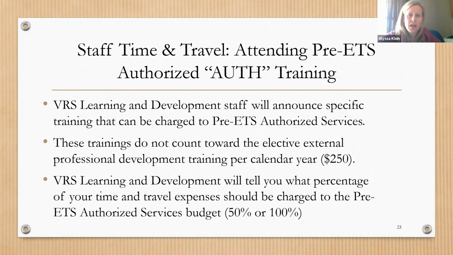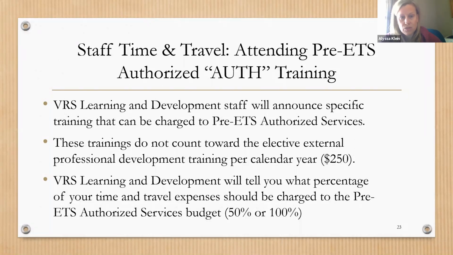A little bit more about time and travel related to Pre-ETS authorized, or AUTH, training. The Learning and Development team will announce specific training that can be charged to AUTH. Remember that these trainings luckily do not count towards your external professional development training per calendar year, which is $250.